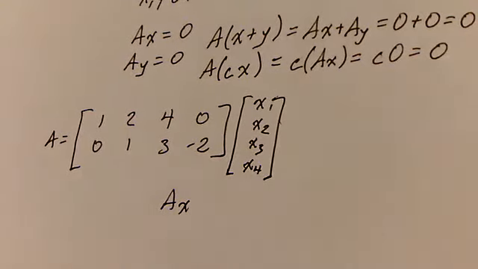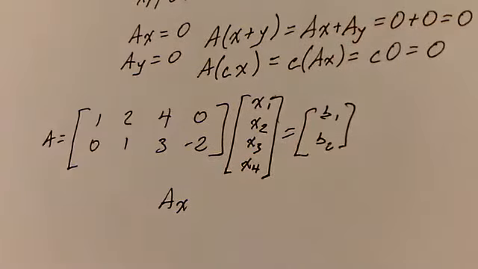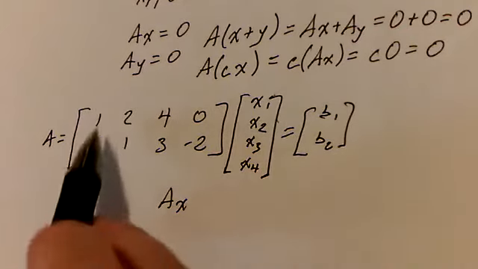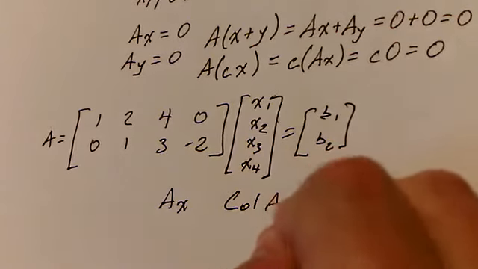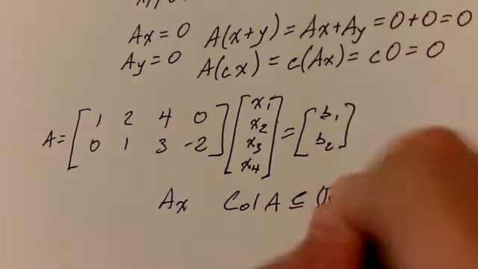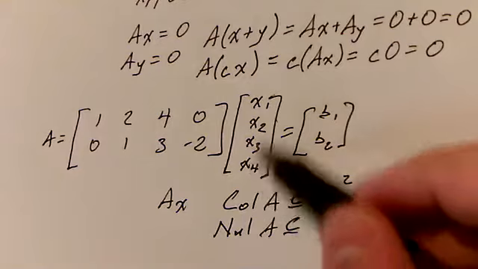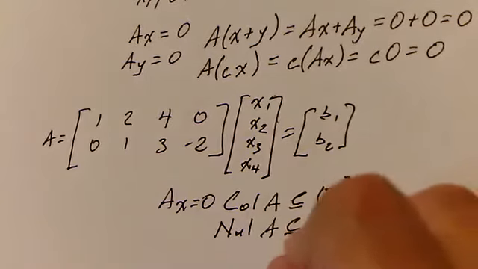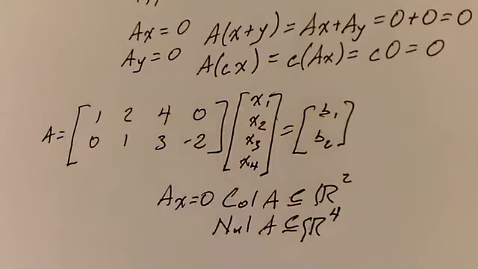And when I multiply this, my product is going to have just 2 components. The vectors in the columns each have 2 components, so the column space of A is going to be a subset of R2. The null space of A corresponds to the vectors I'm multiplying by to get 0, since to be in the null space I would have Ax equals 0. The null space is going to be contained in R4, because I have 4 columns going across.